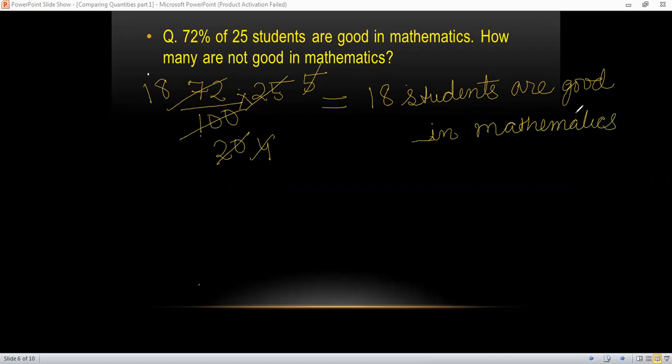Now, how will we find the number of students who are not good in mathematics? We will subtract the value, 25 minus 18.